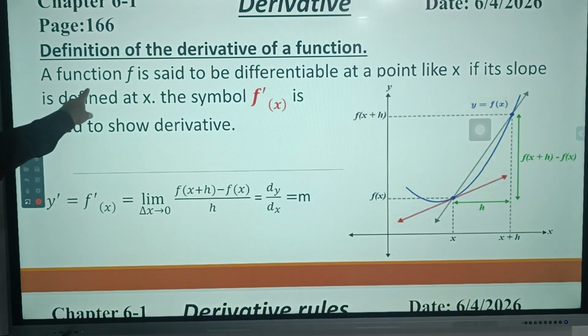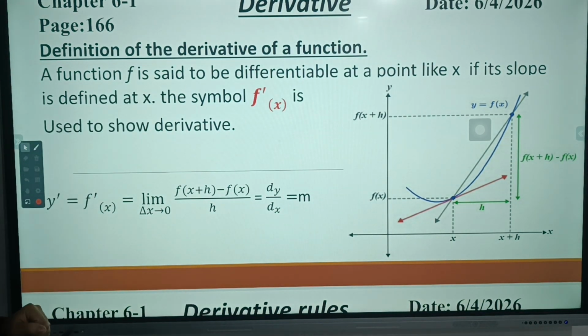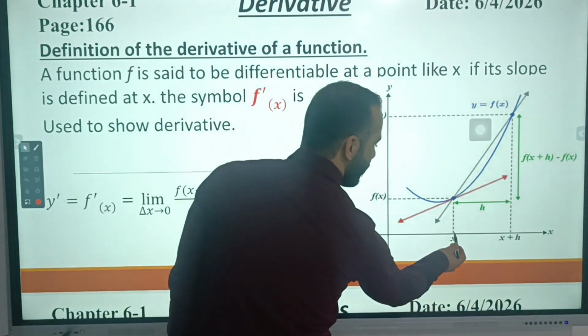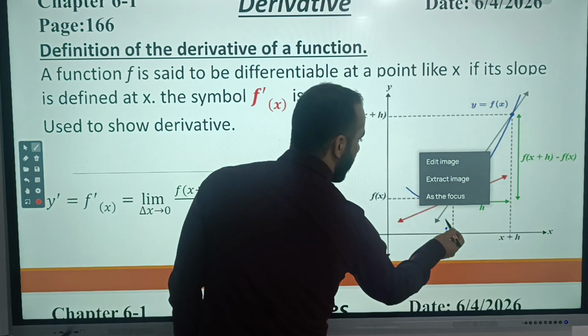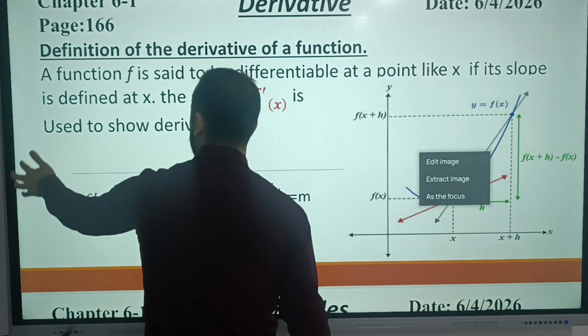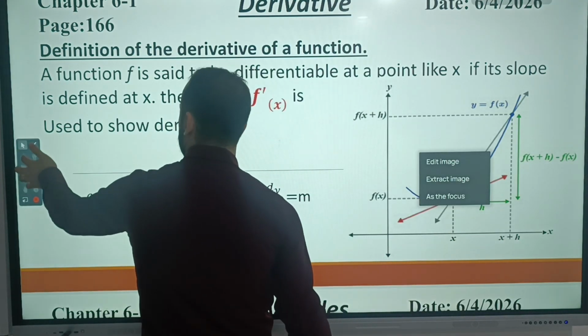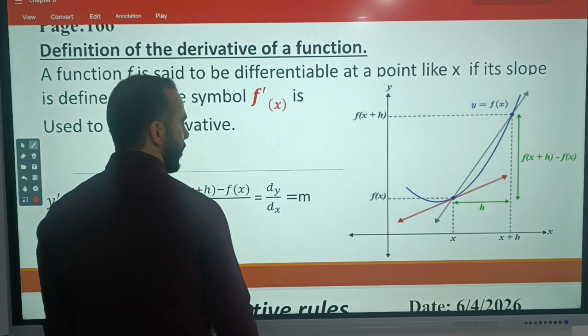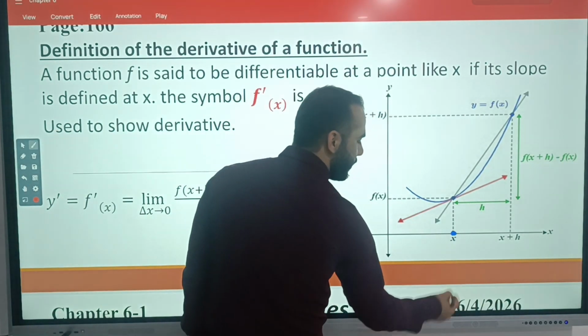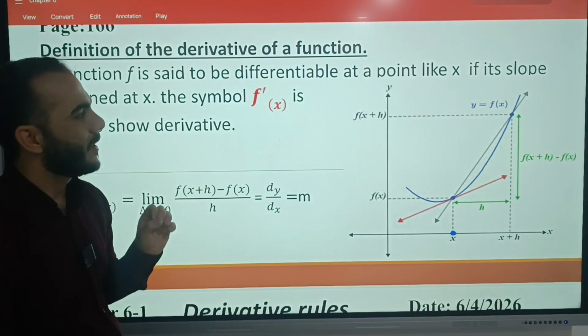Look, a function f is said to be differentiable at a point like x. As you can see, this x is over here. We will talk about the derivative of the curve at this point, which is x. Focus, pay attention and listen carefully.